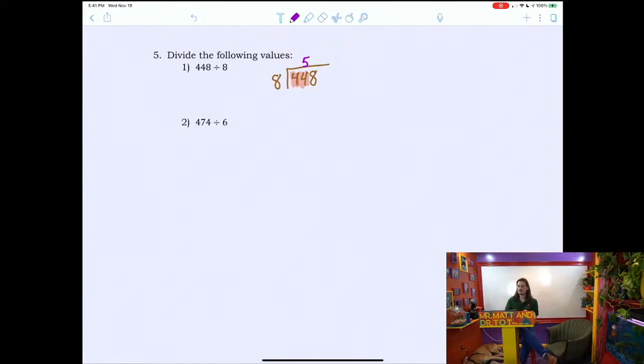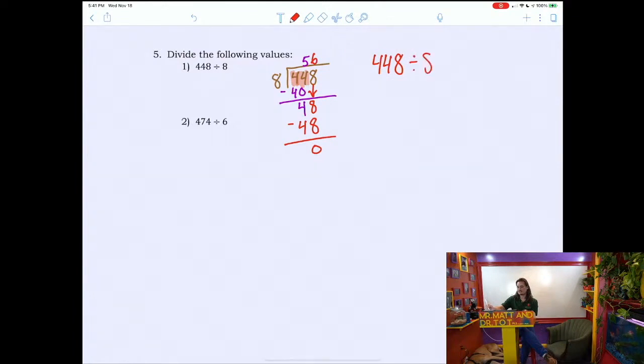Now I multiply. 5 times 8 is 40, and I subtract. 44 minus 40 is going to give me 4. 4 is not divisible by 8 itself, so I bring down 8. Now, 48 divided by 8 is going to be 6. 6 times 8 is 48, and so you can see that we have no remainder. So 448 divided by 8 is 56.